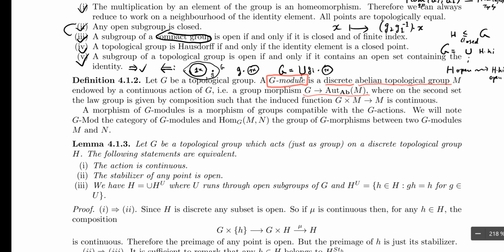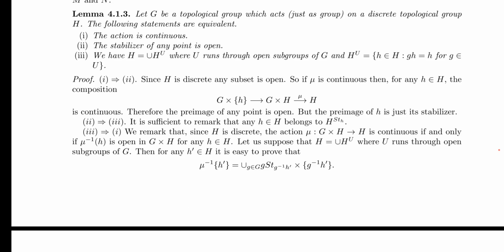When do you have a continuous action? How do you check it? You can check whether the stabilizer of any point is open, or whether this topological group can be written as the union of the fixed points of itself by the open subgroups of this group G.